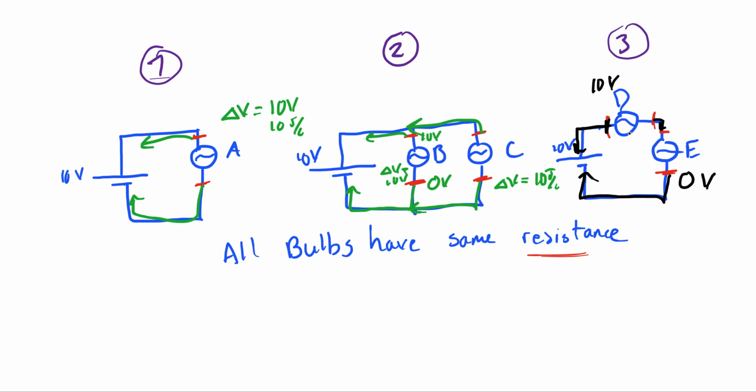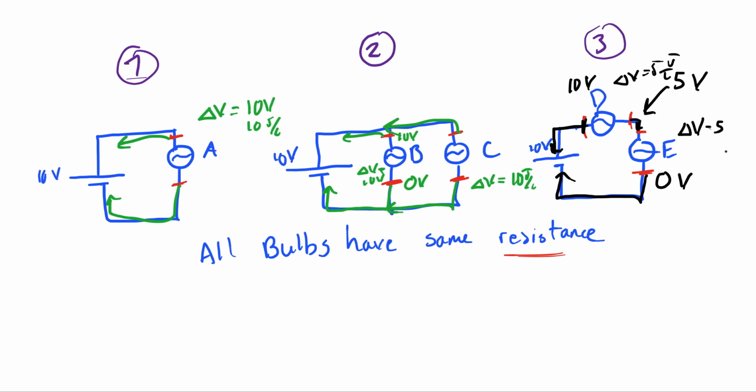So if these 2 light bulbs are identical, that means that half of the energy is going to be used in D, and the other half is going to be used in E. So if I measure the potential here, there should be 5 volts. Half that energy was used in D, so my delta V is 5 joules per coulomb. And for E, my delta V is also 5 joules per coulomb.